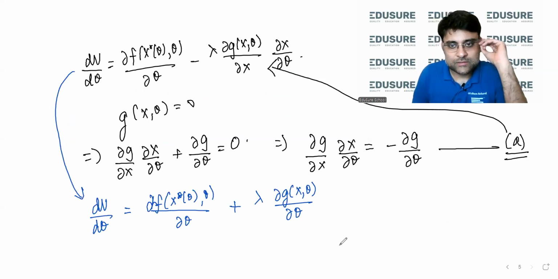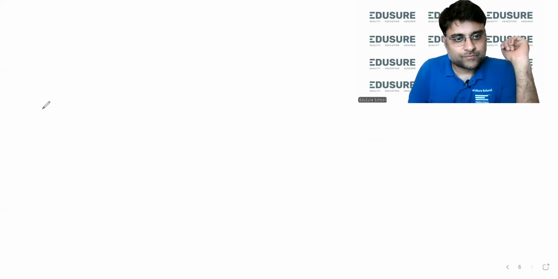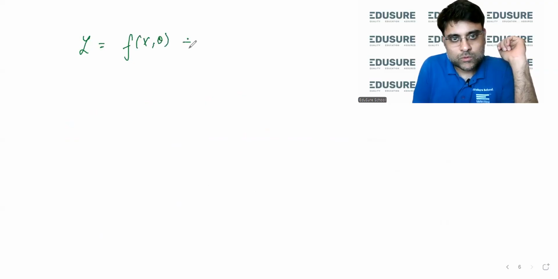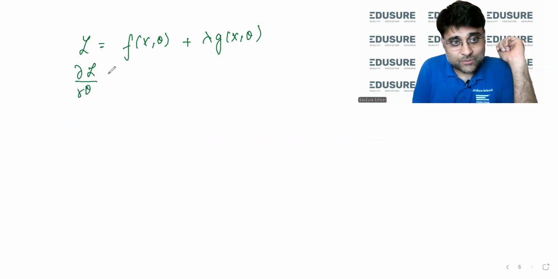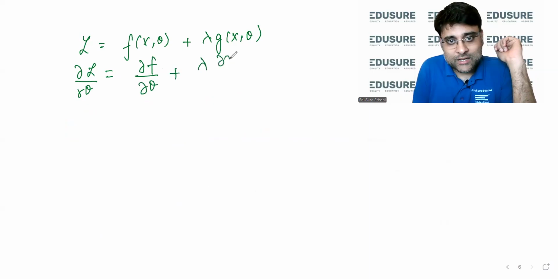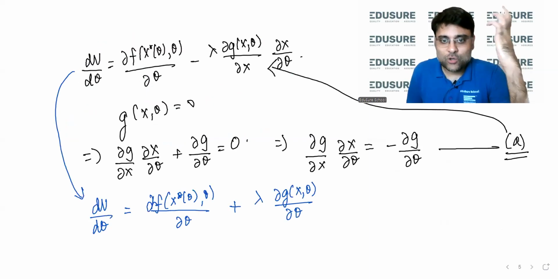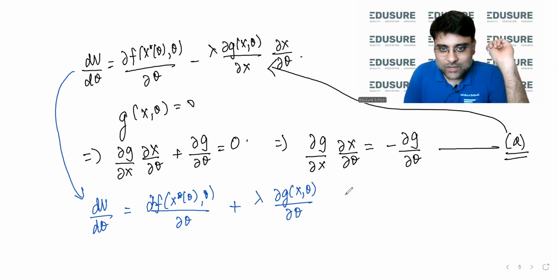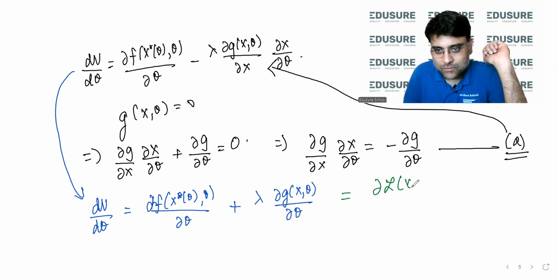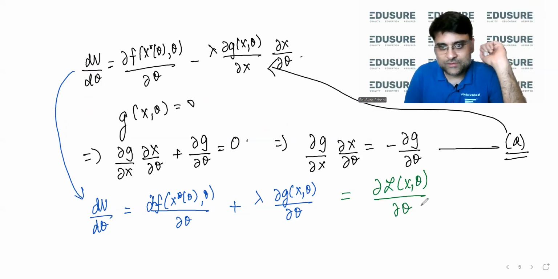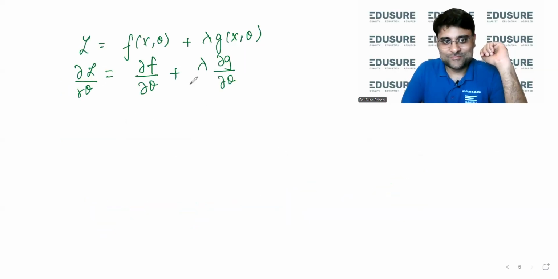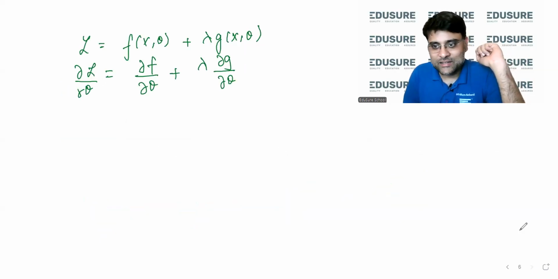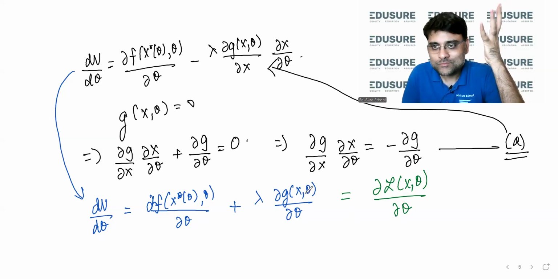So if I go back to my Lagrange and I differentiate my Lagrange with respect to theta, it's basically del f del theta plus lambda del g del theta. That is what we got here, right? So this is nothing but the Lagrange differentiated with respect to theta, del f del theta plus lambda del g del theta. That is what we have here, right?